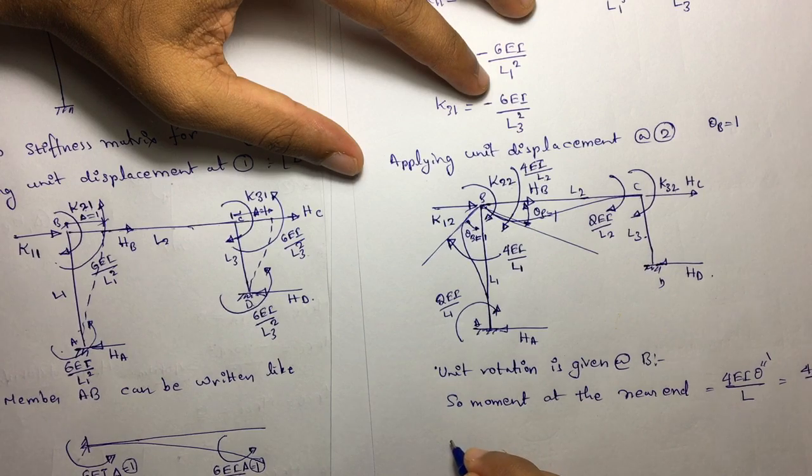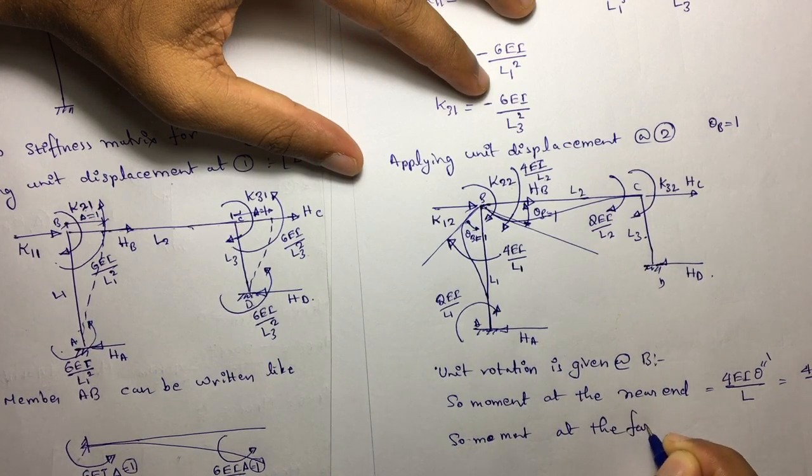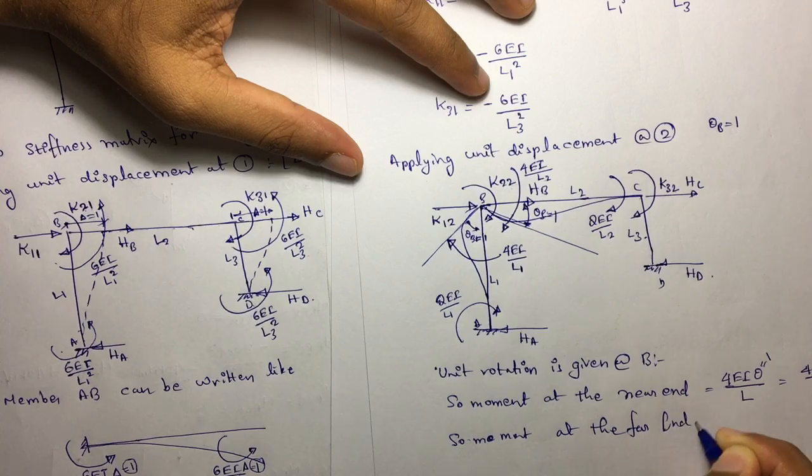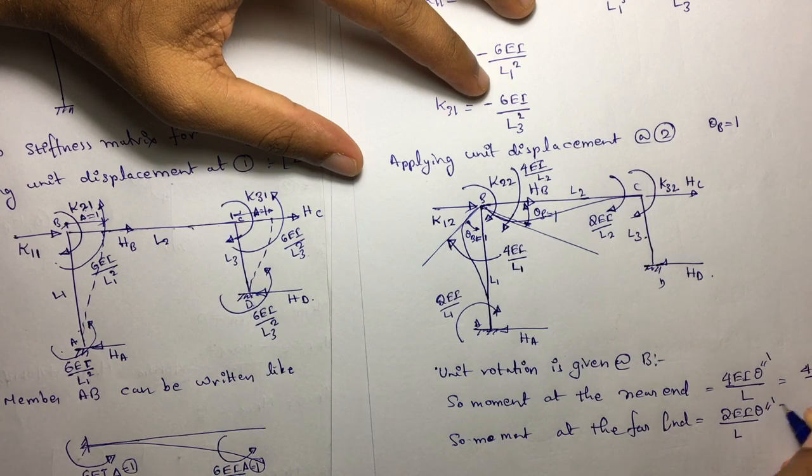So the moment at the far end is 2EI theta divided by L, where theta is 1, therefore 2EI divided by L1.